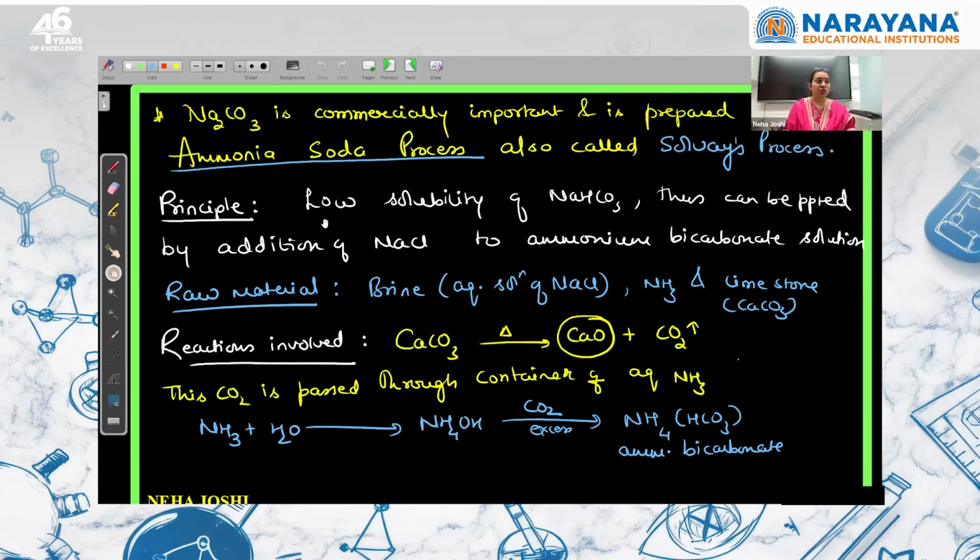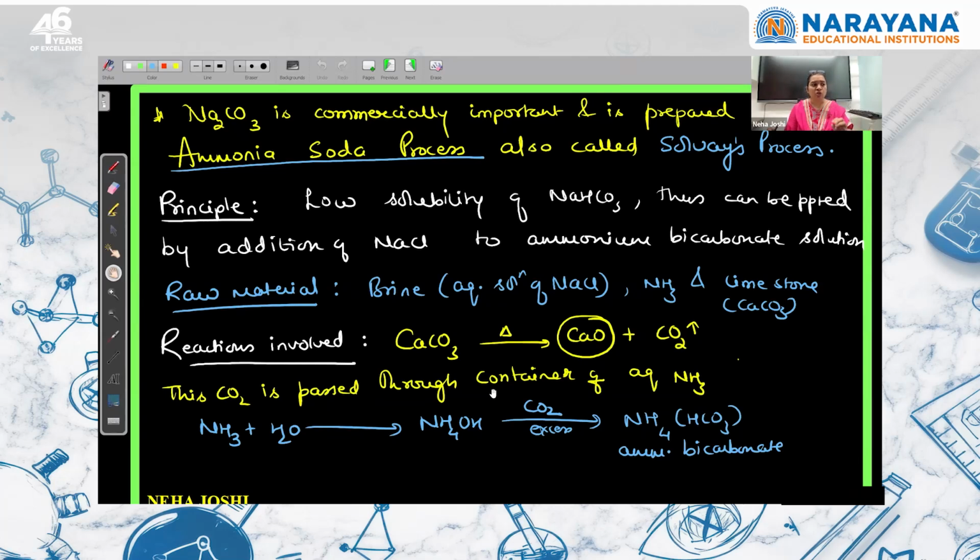Now, please note this very important principle. Why we use this method, I'll conclude in the end. But the principle of Solvay process is the low solubility of NaHCO3. And thus, in the entire process, we somehow get this NaHCO3 precipitated. And then we heat that NaHCO3 and form Na2CO3.